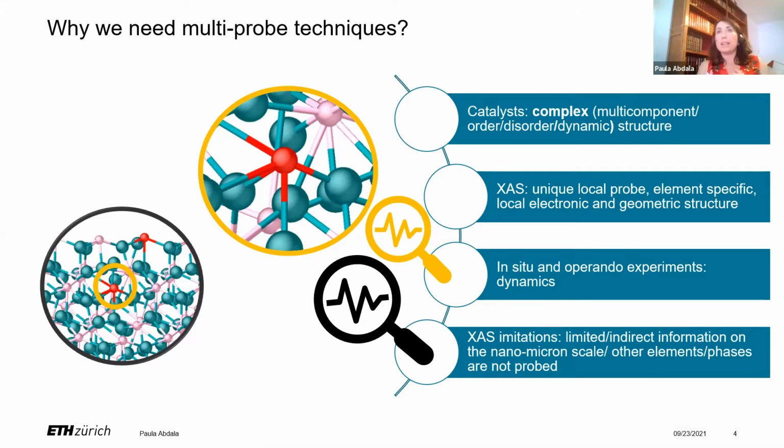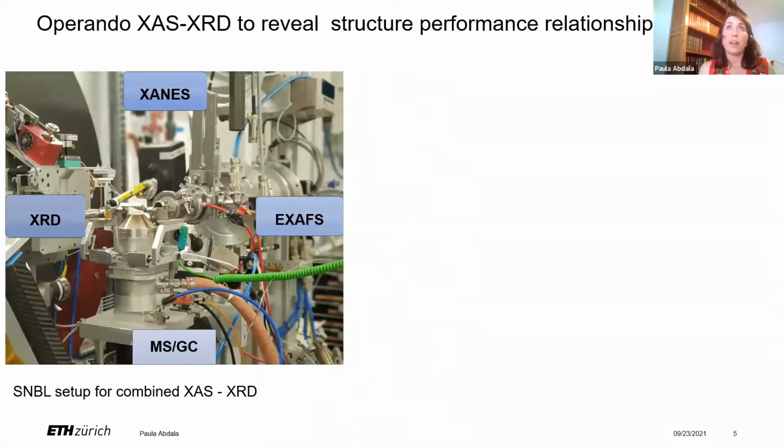So in this sense, combining as much information as possible under the same conditions is a very useful strategy to understand the different scales in catalysts. And in this sense, operando XAS-XRD has been found to be a very useful tool.